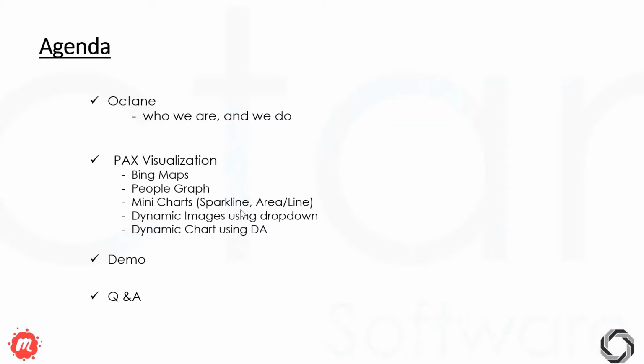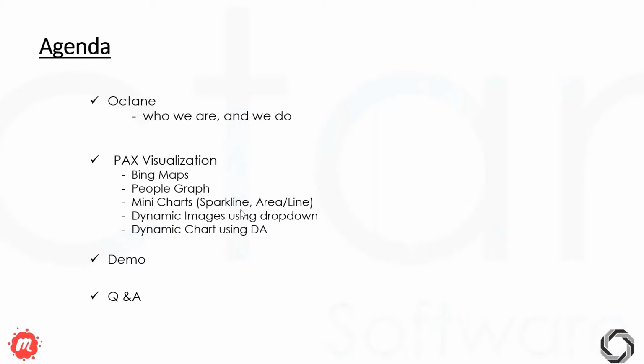And I'll be covering the following. So I'll start off with about Octane, who we are and what we do. And then we will jump onto the main topic for today's session, where we'll be covering the Bing Maps, people graph. So these are the two Excel add-ins or the apps. And then we will be moving on to creating some quick and intuitive mini charts in Excel.